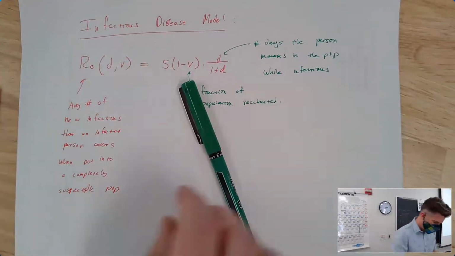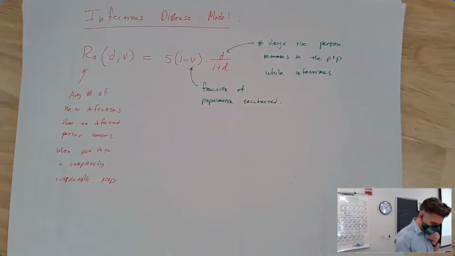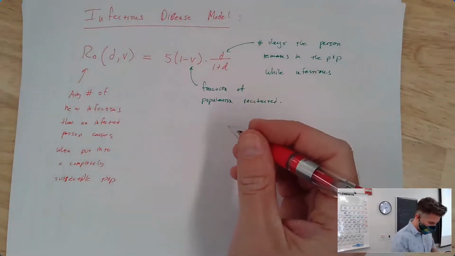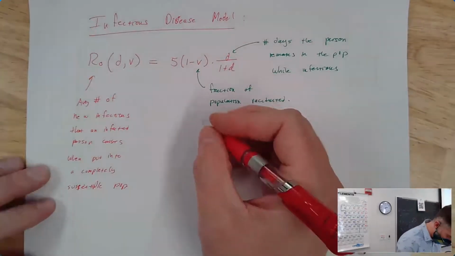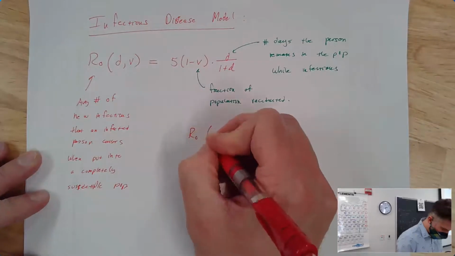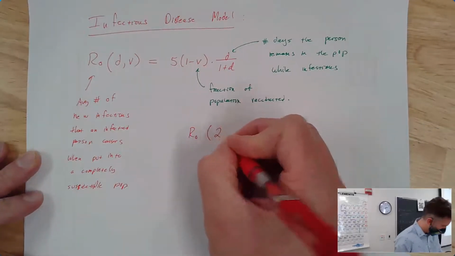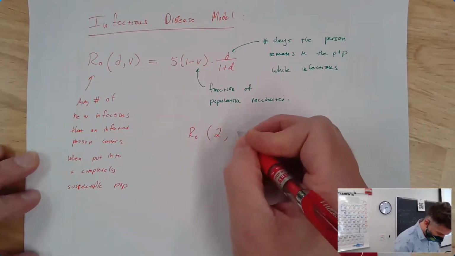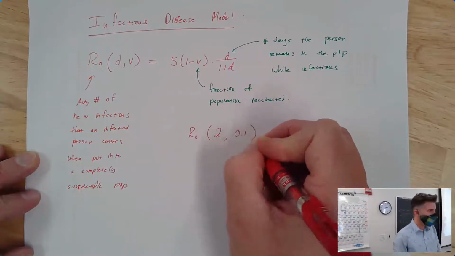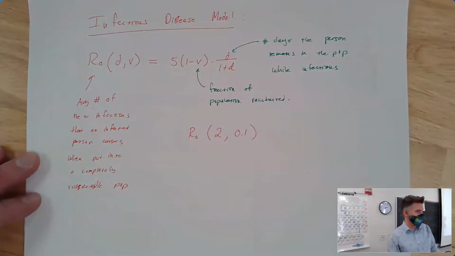So, first of all, what would the average number of new infections be if we had someone in the population for 2 days and a vaccine rate of 10% or 0.1? So we're writing our percents as decimals.